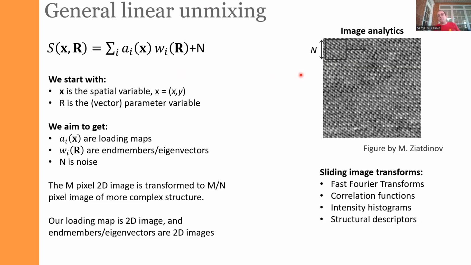Once we represent this image as a collection of patches, we run exactly the linear unmixing analysis. We represent our stack of patches as a linear combination of a loading matrix times the components. Our loading matrix would represent how the patches vary across the whole image plane, and our components would basically be small images, which represent supposedly the elementary mechanisms inside the system.